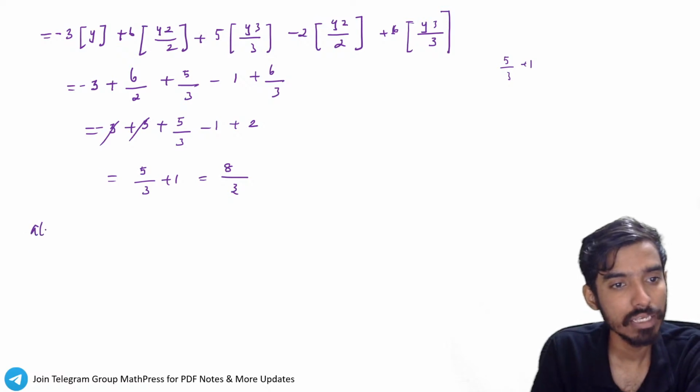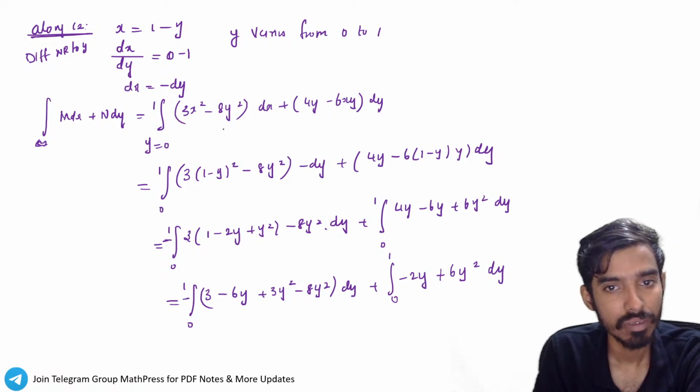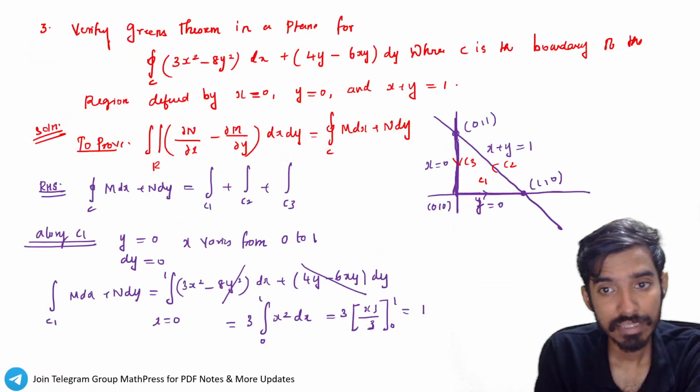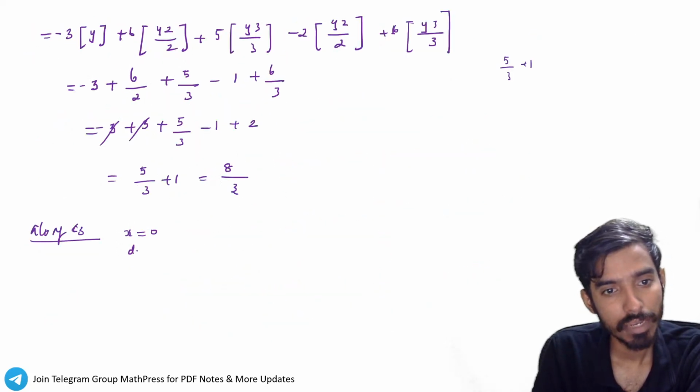Now along C3, here we have minus dy. I have written this minus here. So along C3, you can see x is 0, so that means dx is 0.